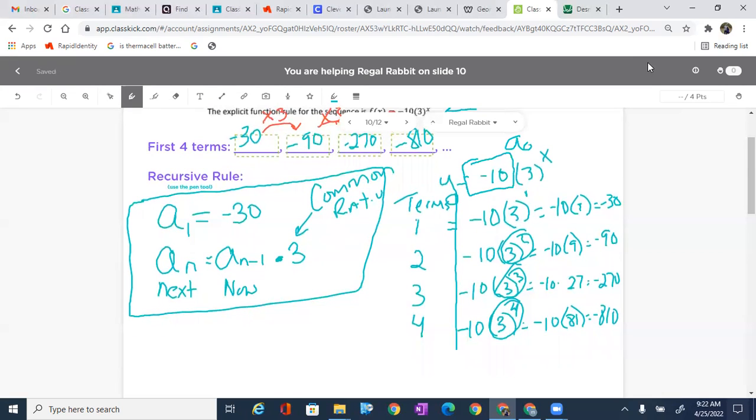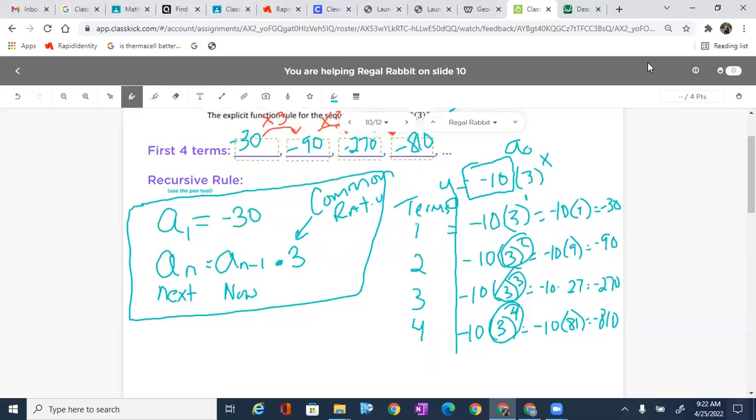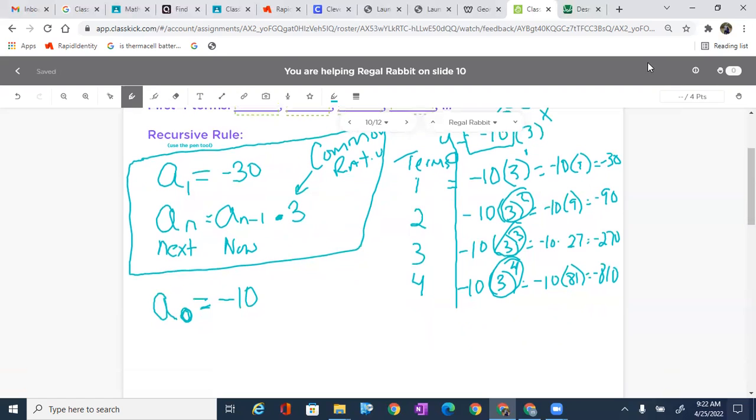A sub 0 is negative 10. It's in the exponential function. We started with knowing the 0th term, and it comes right out of the exponential equation, and that is negative 10. So is it okay for me to write it as a sub 0 equals negative 10? Absolutely. Doesn't make a difference. We were given that information, so let's write it that way.